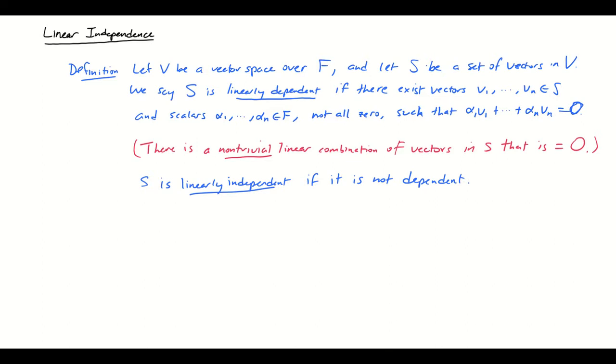And sometimes if we are doing work in field theory where we might switch from one subfield to another as our field of scalars, I might add the little embellishment linearly dependent over F or linearly independent over F. That's if we're considering a field like an extension field as a vector space over one subfield, but maybe also over another subfield at the same time. Okay, so that's the definition of linearly dependent, linearly independent. Let's do an example.